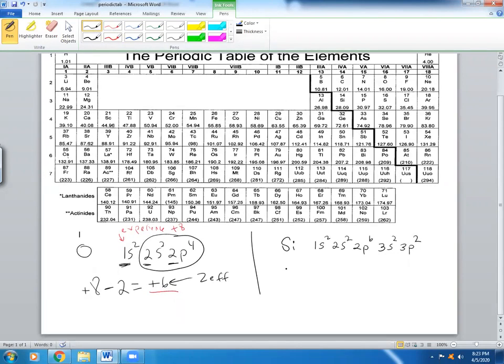How would we draw this? Let's look at silicon. Silicon has a positive 14, so the nucleus has 14 protons. The first energy level, the 1s right here, has 2 electrons, so they experience the full plus 14.